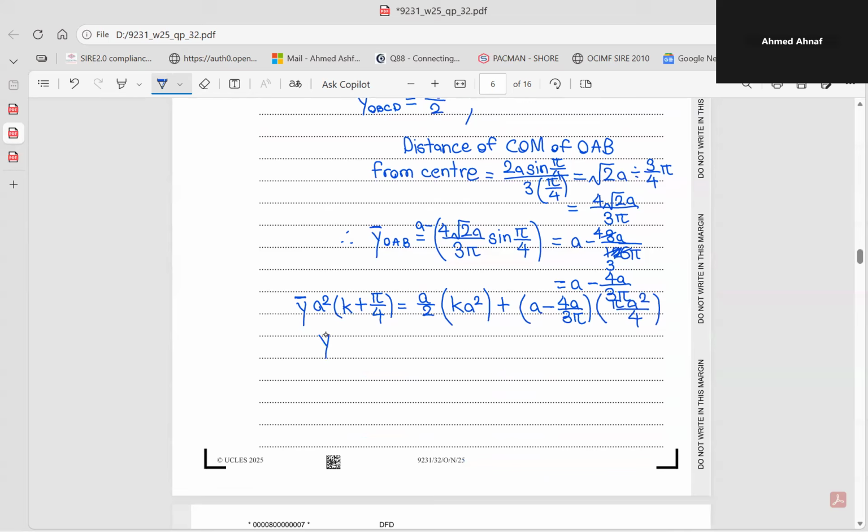First, y bar times a squared times (k plus pi over 4) goes to a cubed over 2 times k plus a cubed times (1 minus 4 over 3 pi) times pi over 4.